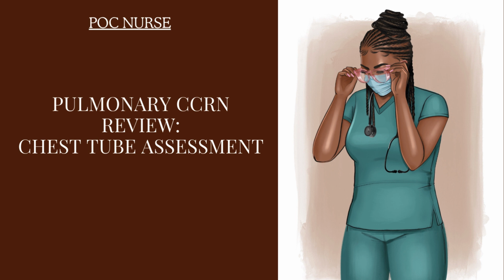The air leak monitor usually goes from the number 1 to the number 5, from right to left. Number 1 means you have a small air leak, and number 5 means you have a big air leak, and anywhere in between will tell you how much of an air leak you have. You need to notify the provider that there is an air leak.